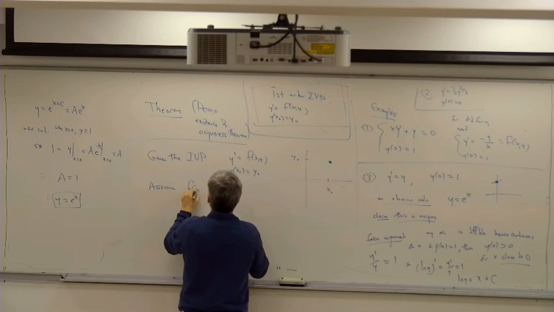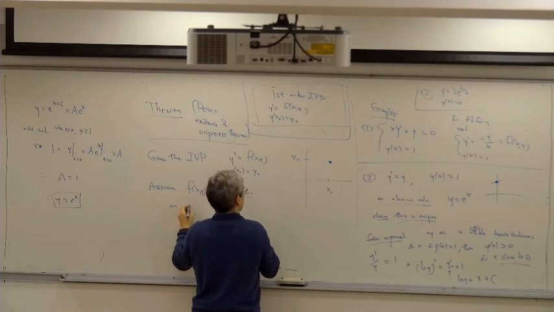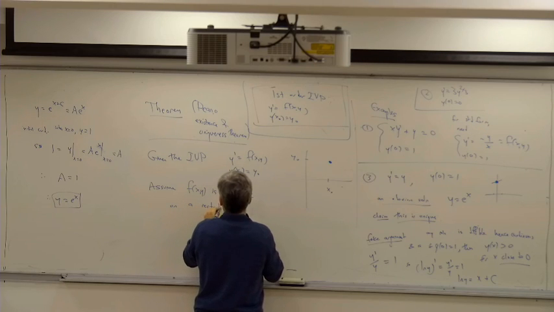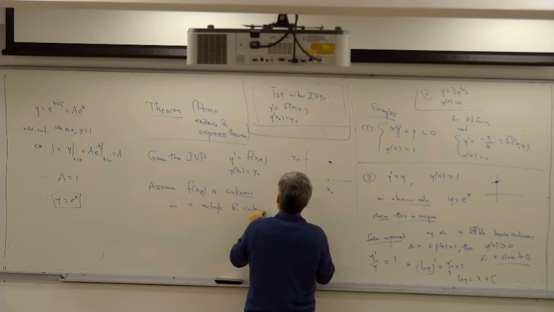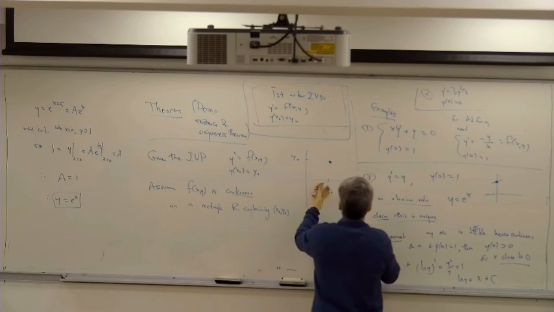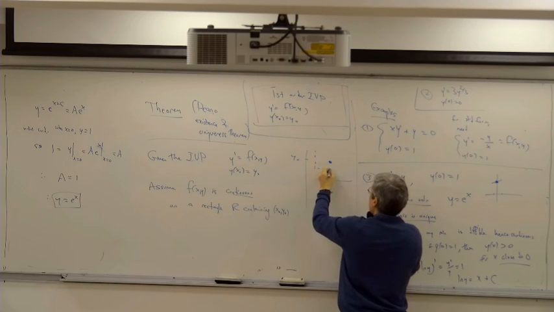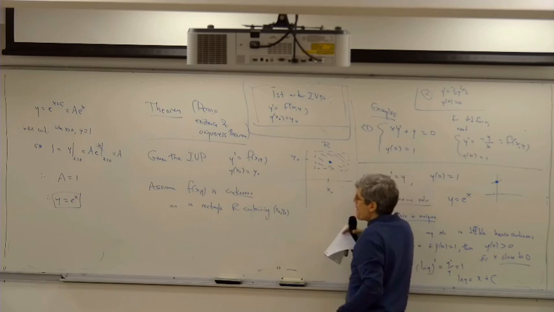Assume that the function f of x, y is continuous on a rectangle, possibly small, R, containing the point x0, y0. So think of f of x, y as a function in the plane. This is the domain. And the rectangle looks like this. And the initial condition is over here. Okay?